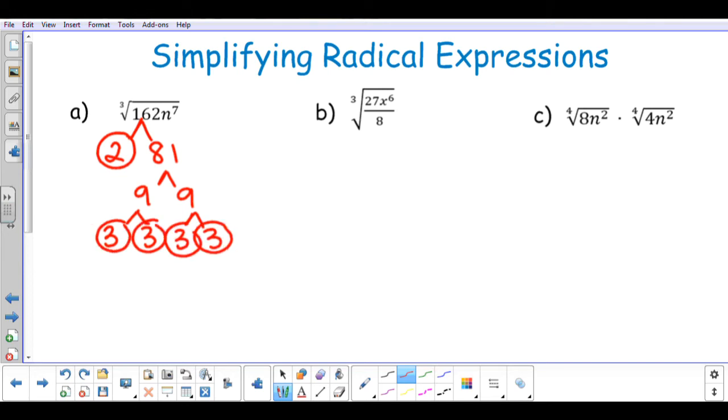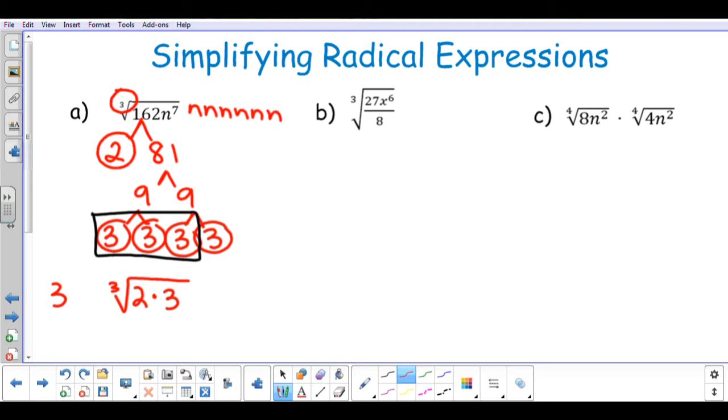So since it is a cube root, I'm going to look for 3 of the same number. So I do have 3 3s, so that's going to go in front. And underneath my cube root, I'm going to be left with the 2 and one more 3. Now I have n to the 7th, so I have 7 n's, and I'm going to group them into groups of 3.